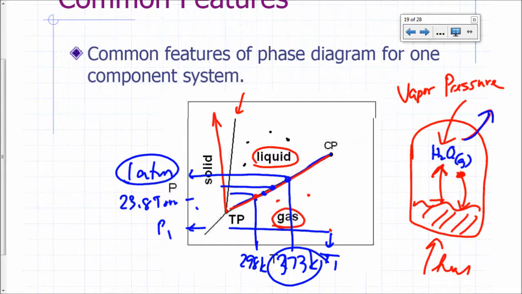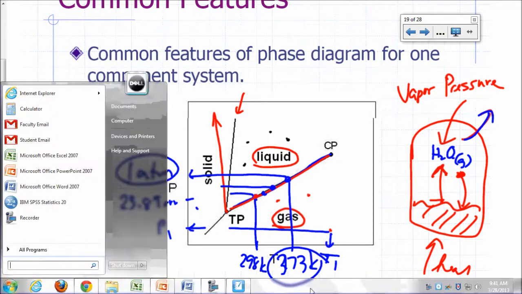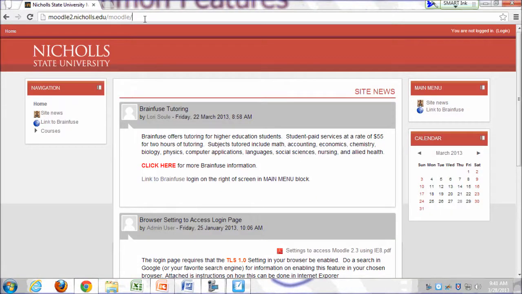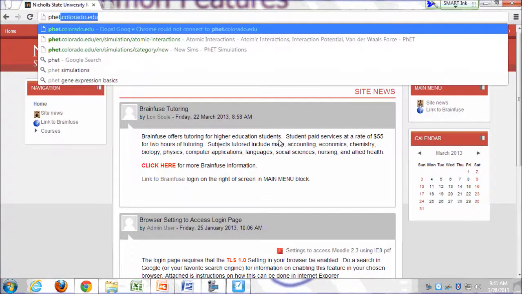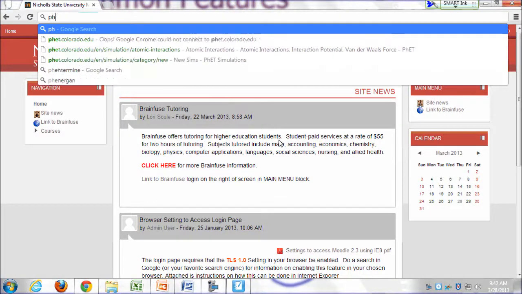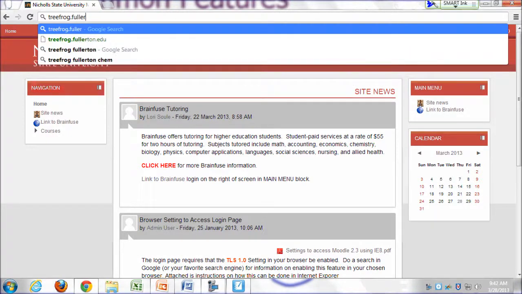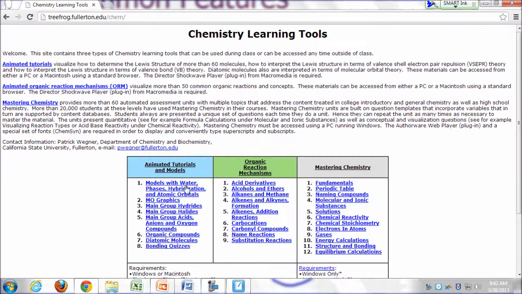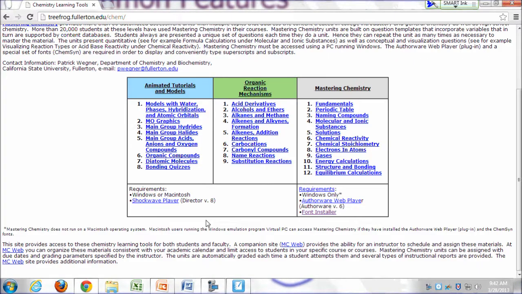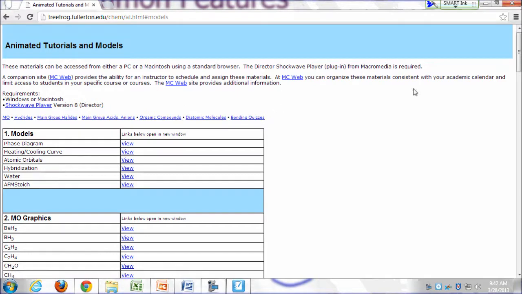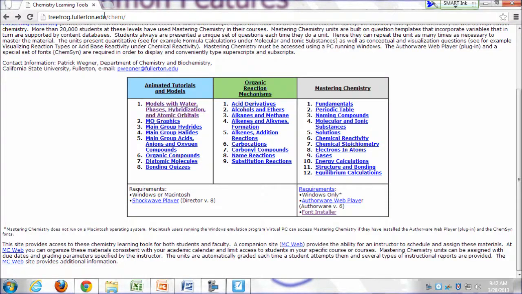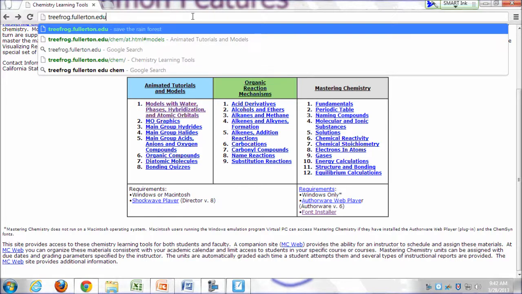Okay, so let me show you an animation to help you better visualize that. You can go to treefrog.fullerton.edu. It's a website created by Professor Patrick Wagner at Cal State.